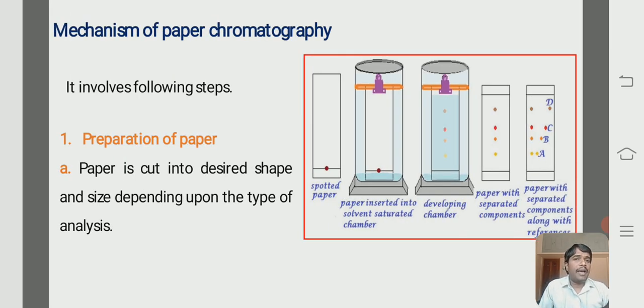Coming to the mechanism of paper chromatography, it's important. The operation of paper chromatography involves the following steps. The first step is preparation of paper. In this step, the paper is cut into the desired shape and size depending upon the type of analysis.